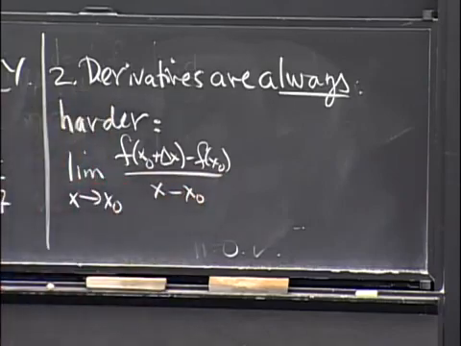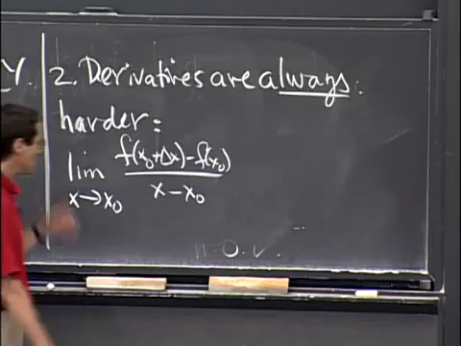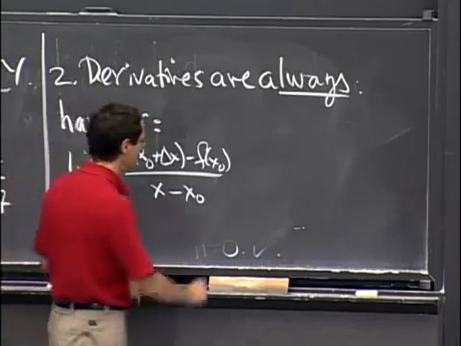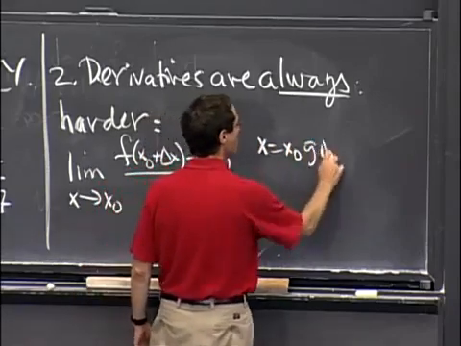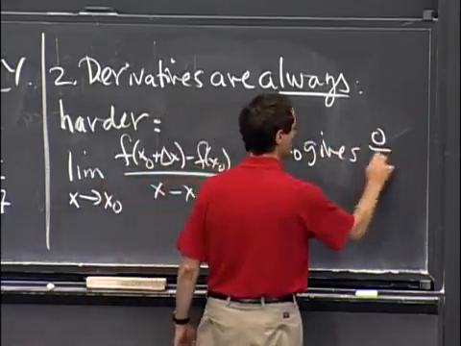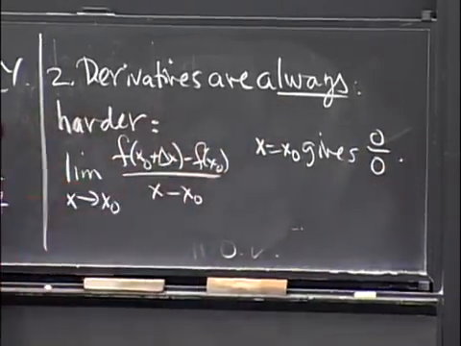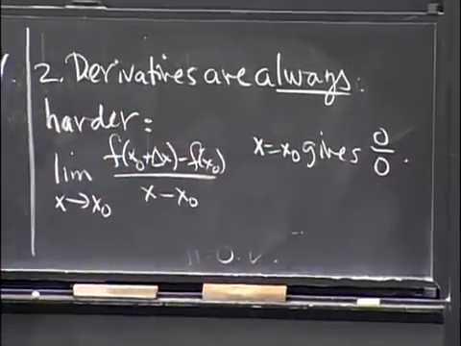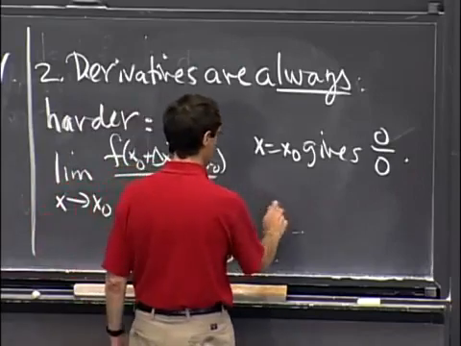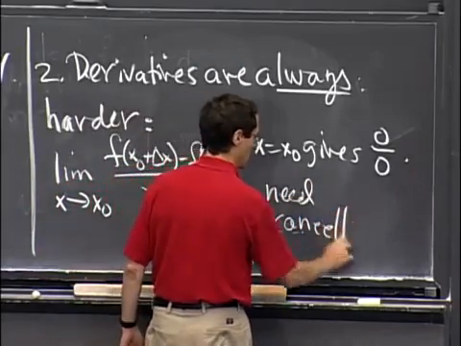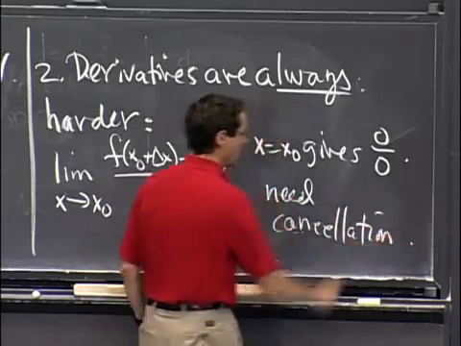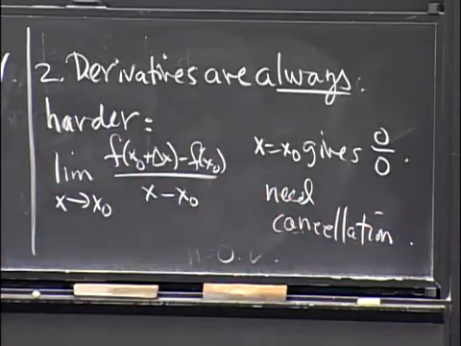Here's the formula for a derivative. Now notice that if you plug in x equals x0, it always gives 0 over 0. So it just basically never works. So we are always going to need some cancellation to make sense out of the limit.